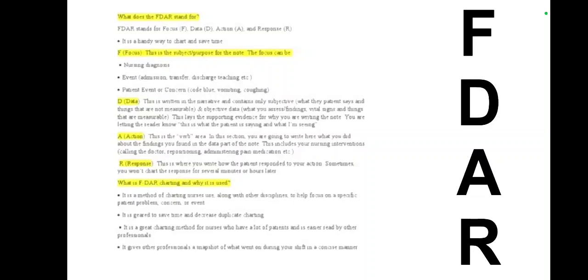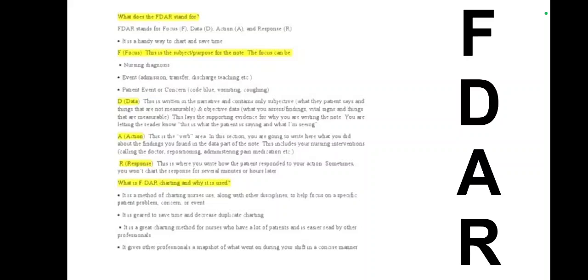So another type of documentation is your FDAR. So again, in hospitals here in the Philippines, especially here in Marawi City, we usually use FDAR documentation. However, in the previous time, we used SOAP, but it was changed to FDAR. So the difference between the two is that FDAR stands for focus, data, action, and response.